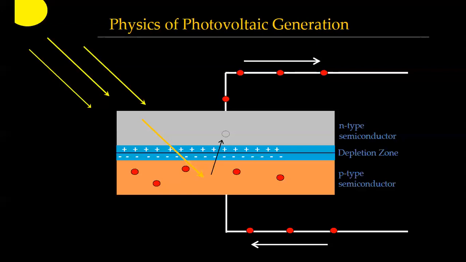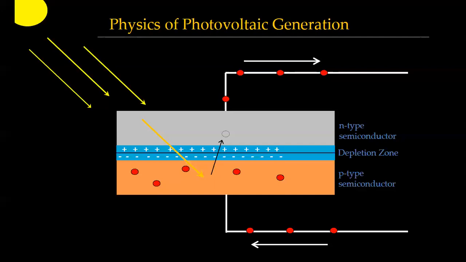Because of the electric field, when light energy falls on this PN junction, it knocks an electron out and creates a hole. Electrons move to one side and holes to the other side. So there is a concentration of electrons on one side and holes on the other side. This creates a potential difference across the junction.